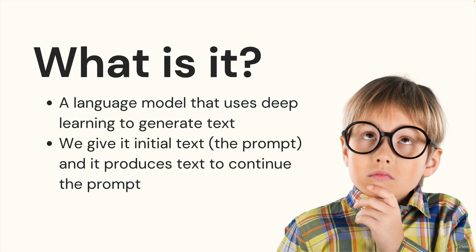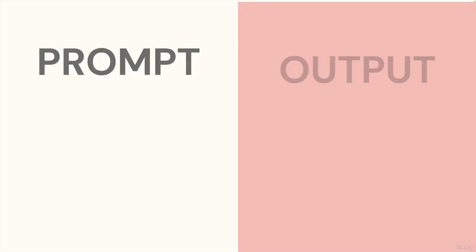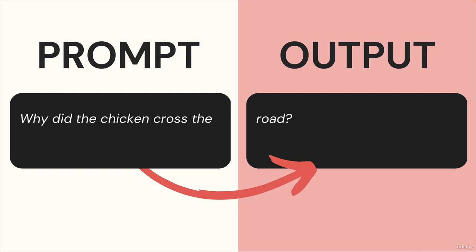So all of these GPT-X models are large language models. Basically, they take text as an input, and they generate text as an output. We give it some sort of initial prompt, and the models will continue that prompt. So in its simplest form, a prompt could be something like, why did the chicken cross the?